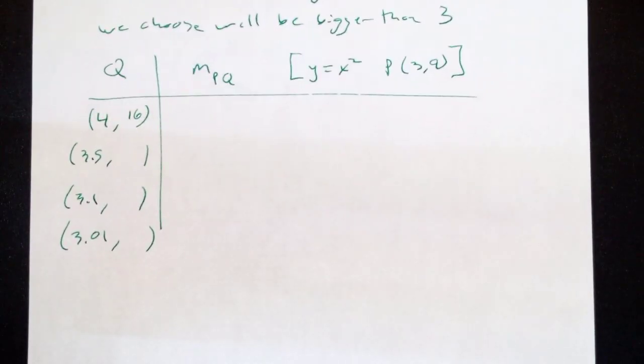Take your time. Find the y values, go with 3.5, 3.1, and 3.01, and the slopes that correspond to all 4 of those choices of Q.